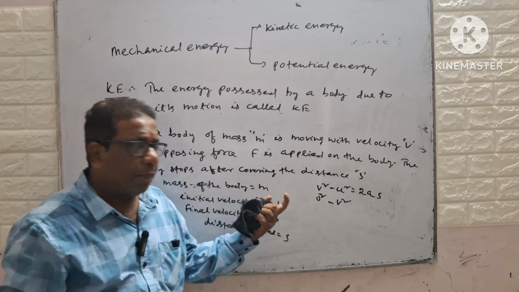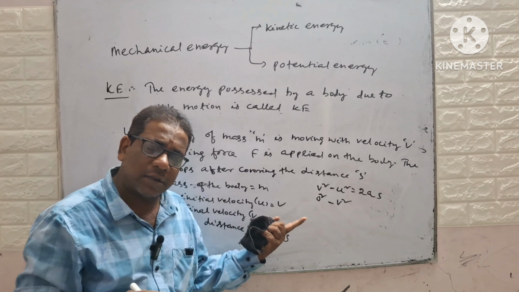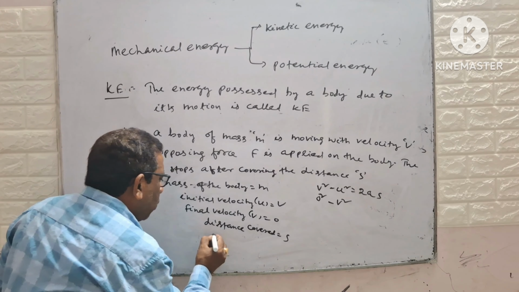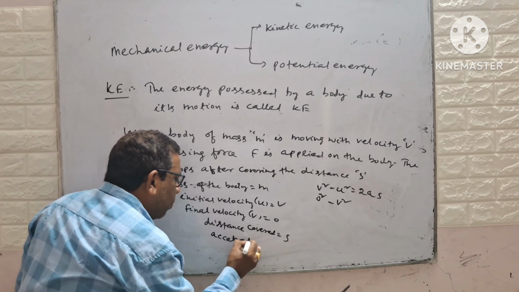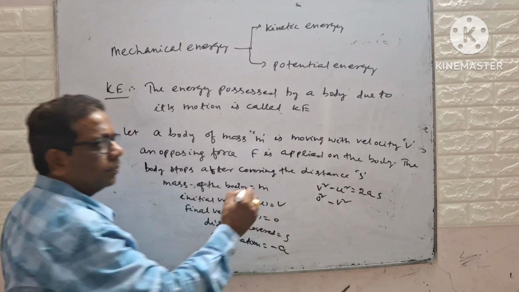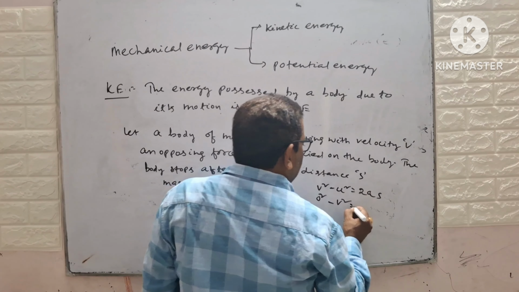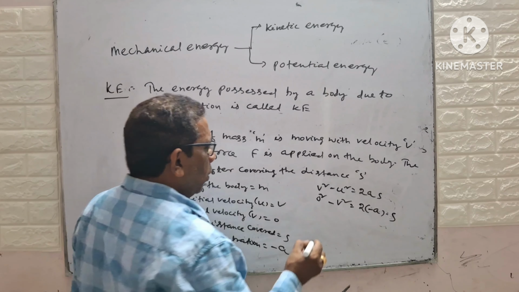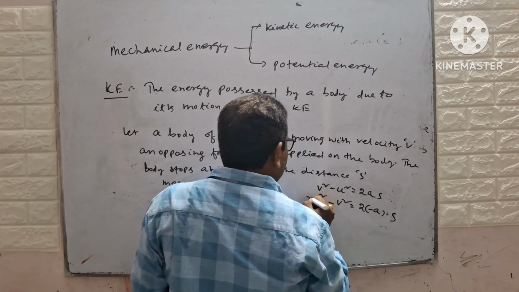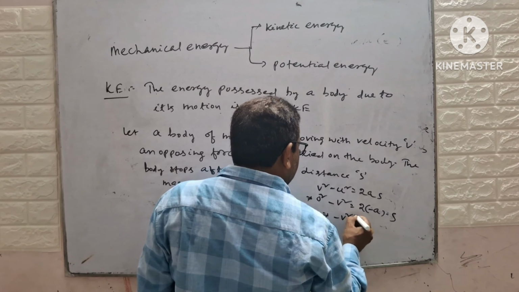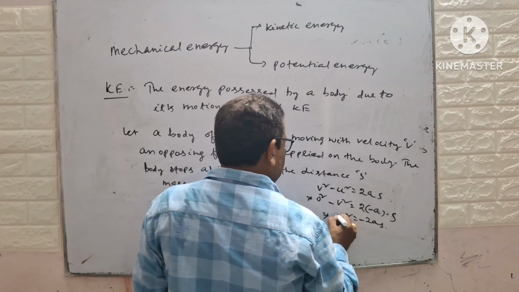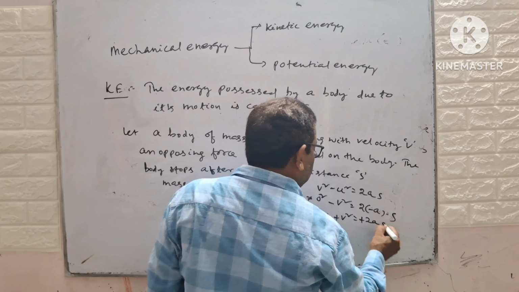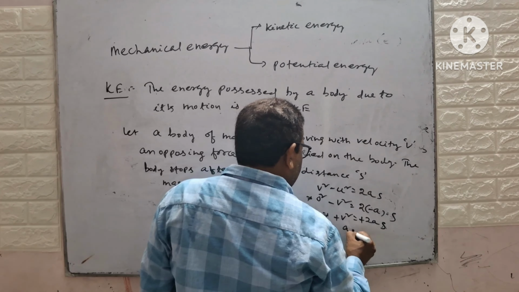Since the velocity of the body gradually decreases, it is decelerated, so we can write the acceleration of the body as minus a. Then minus v square equal to 2 into minus a into s, or v square equal to 2as.